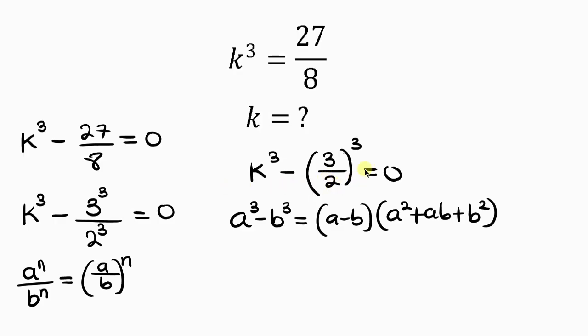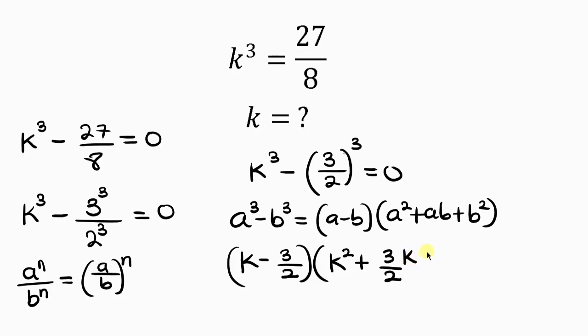So that means this expression can be written as k minus 3 over 2 times k squared plus, now 3 over 2 times k is 3 over 2k, and then plus b squared, that is 3 over 2 squared.